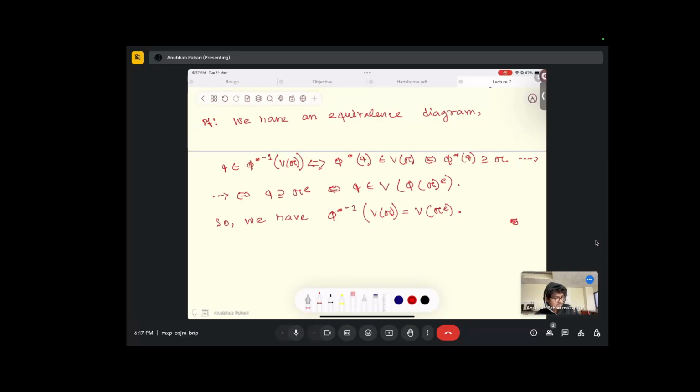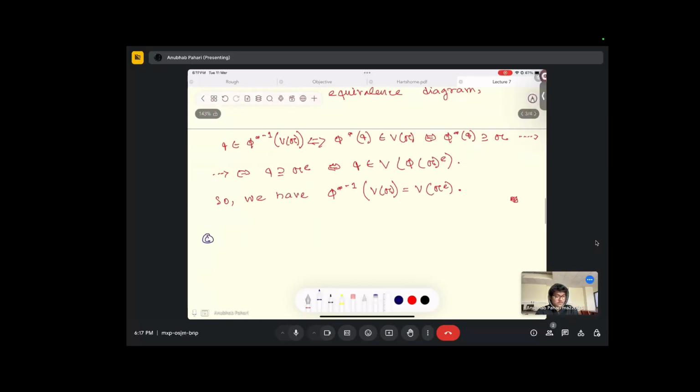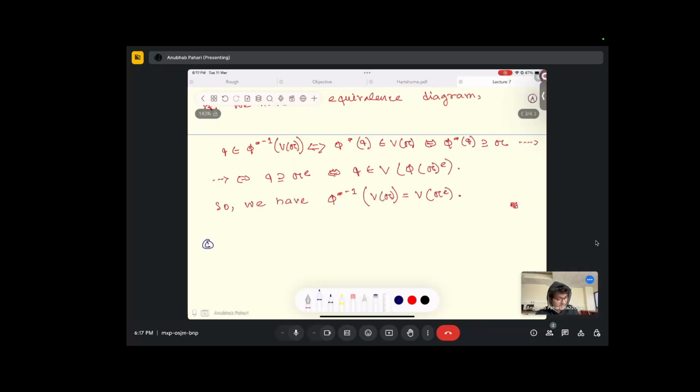So for C, if B is an ideal of B, then phi upper star V of B equals V of BC.